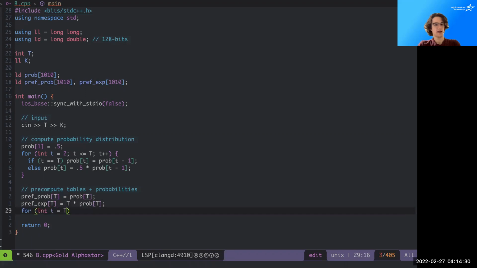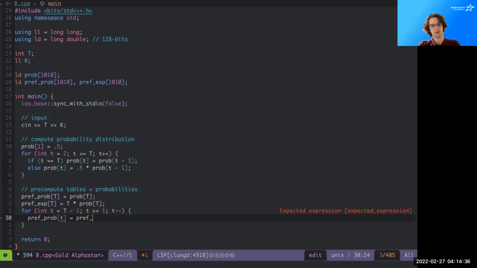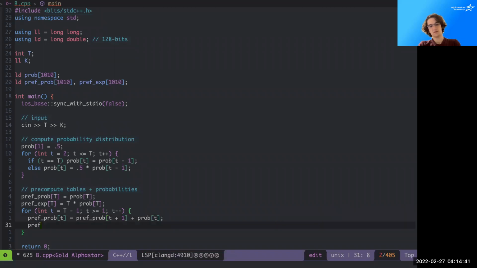I'll write it down. Prefix probability of t, and then prefix expected value of t equals prefix expected value of t plus 1 plus t times probability. We should be in these two prefix sums, except we're going down, but they're just prefix sums.